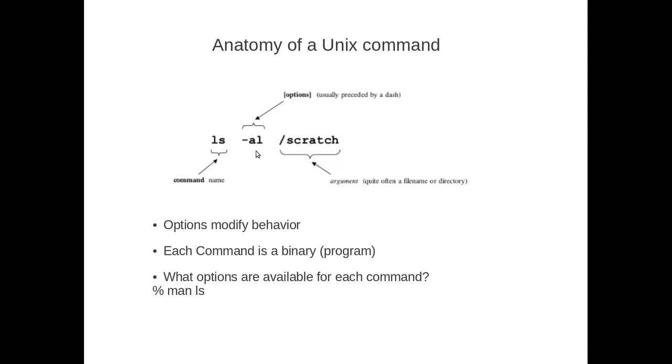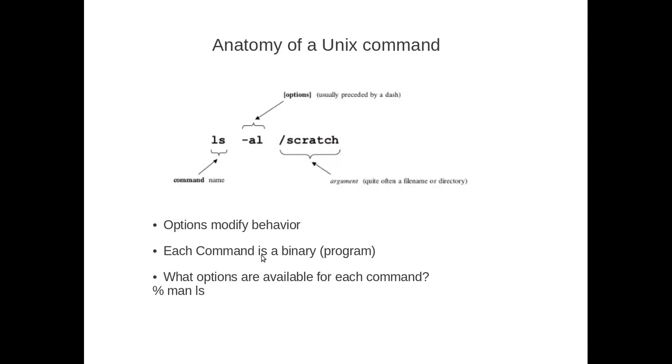If you type ls -al, you'll end up with a list of files plus hidden files. That's what the A gives you, and the L gives you a list with file permissions that I'll show you. And then this is the target directory. If you don't put anything here, it'll default to the current working directory. Okay, so this is the command, the options, and any arguments.